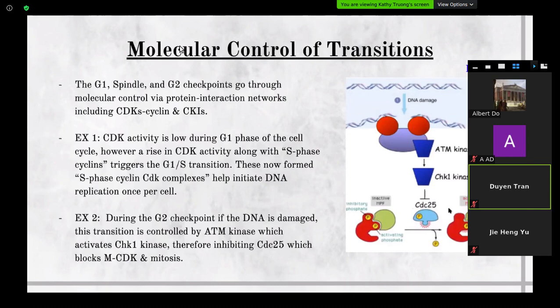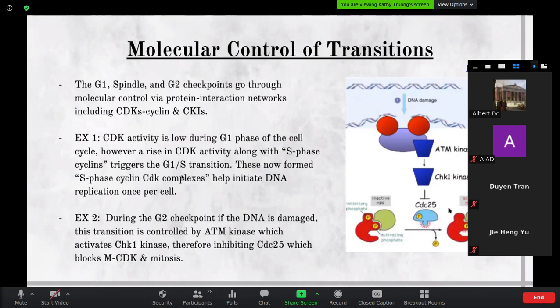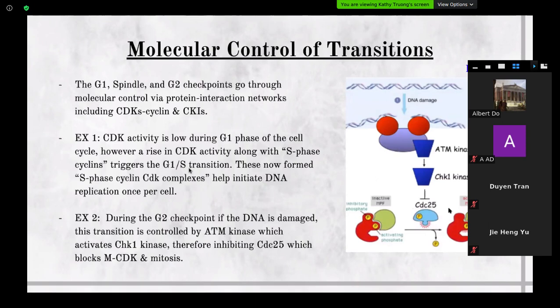CDK is not as high, because CDK and cyclin help with the progression, growth and division of the cell cycle, right? As it keeps on moving, the activity increases with the S cyclins, which allows it to move through G1 to S, if that makes sense. Yeah, okay, thank you.